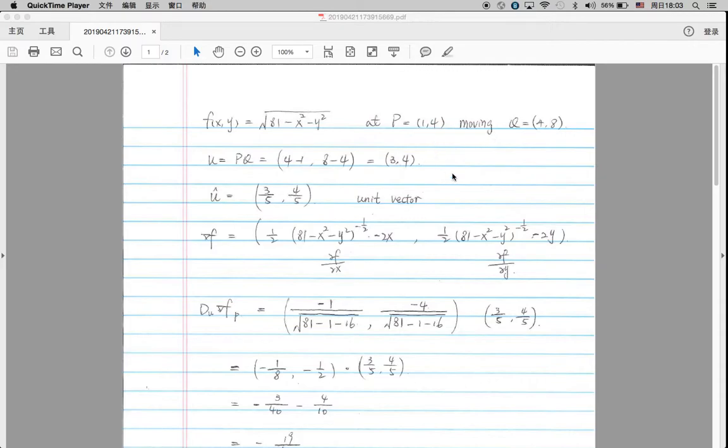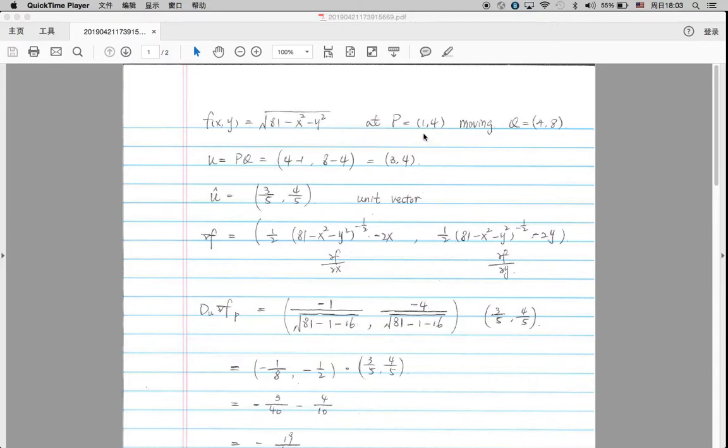Since we are moving from (1, 4) to (4, 8), both terms are positive, which means it is moving in the direction where both values are increasing.